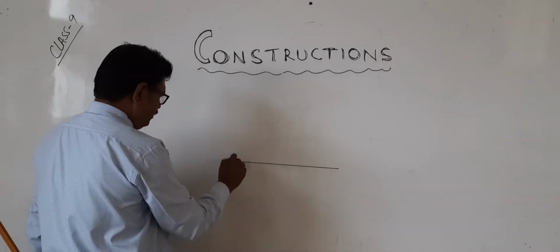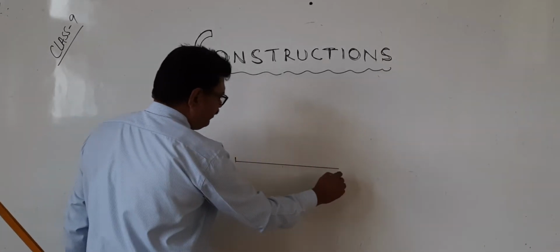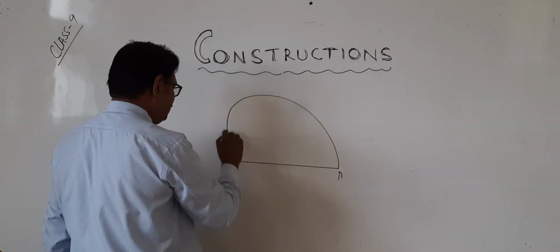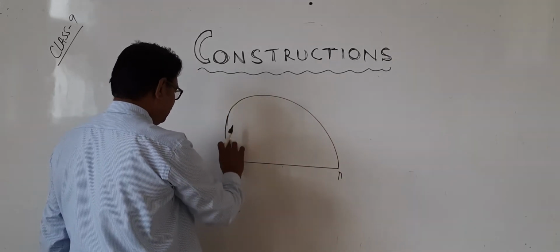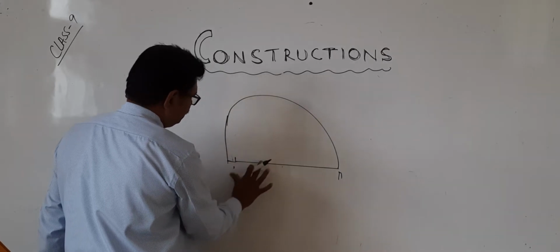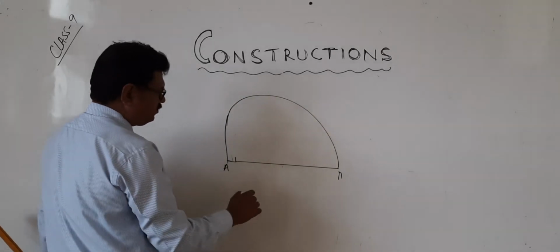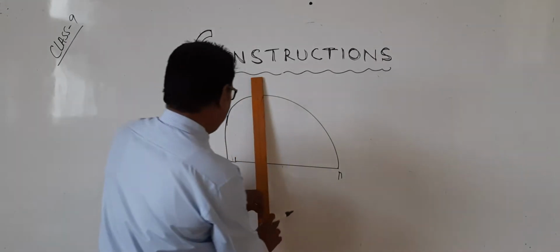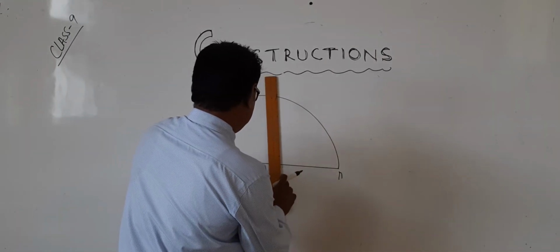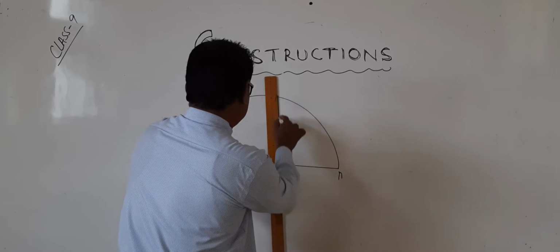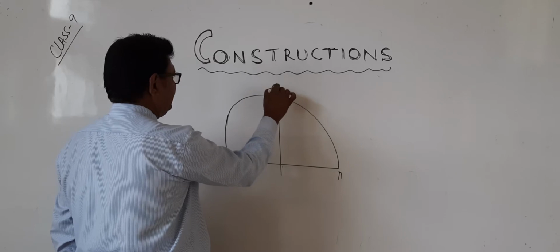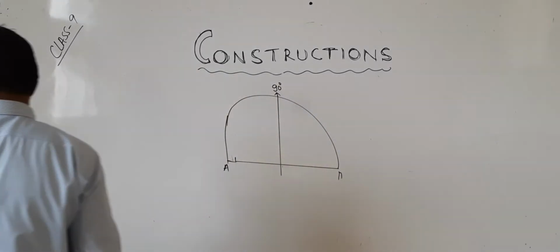For example, AB is a base. Now draw like this. And perpendicular, it is nothing but 90 degrees.